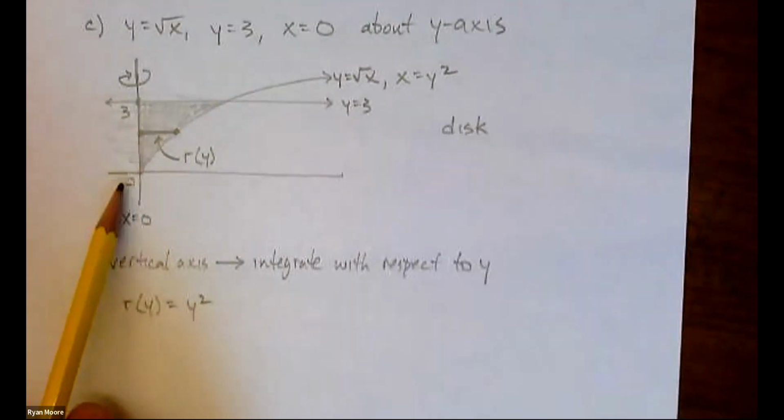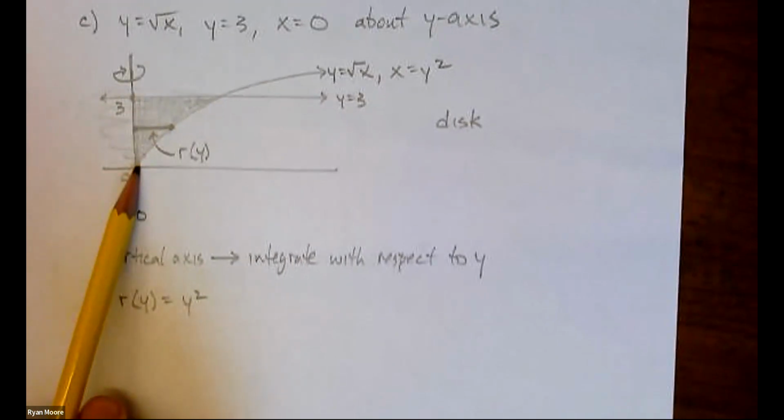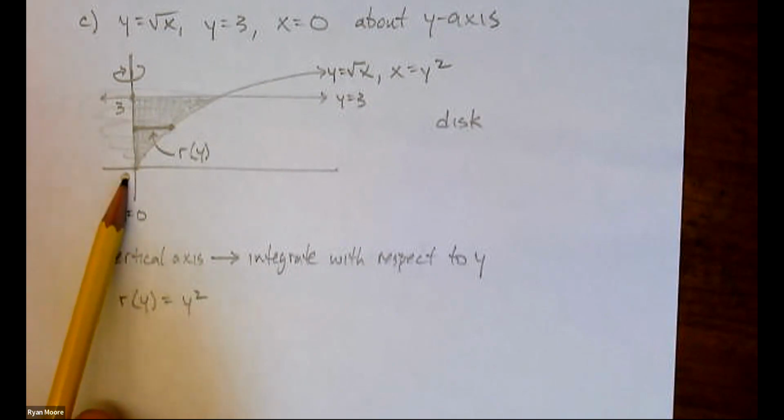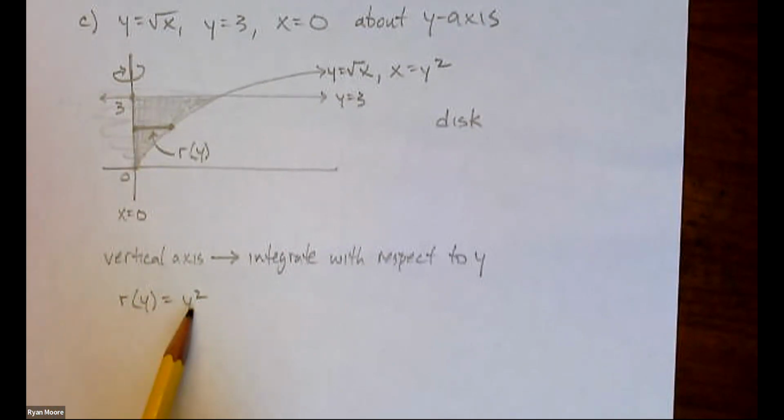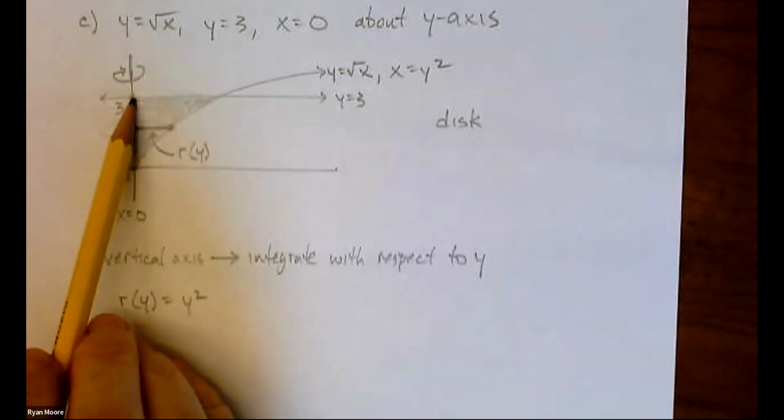So let's think, when y equals 0, what radius do we see? If we were to draw that 3D figure, the radius should be 0 right there. And it's true, if we take y equals 0 and plug it in, we do get a radius of 0. What's the radius at the very top, when y equals 3?